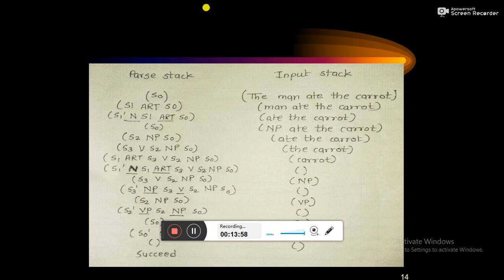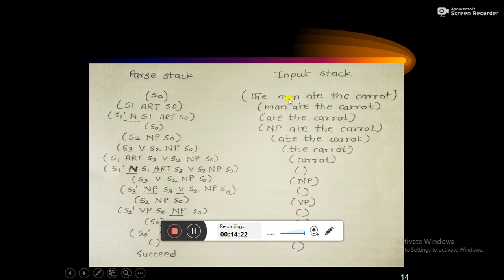So here the input stack contains "the man ate the carrot", and initially the parse stack is always filled with S0, the input stack with the complete sentence, and as it is a bottom up parser, it will read one token. So S0 is the top of the parse stack, and on the input stack the top is at this side.